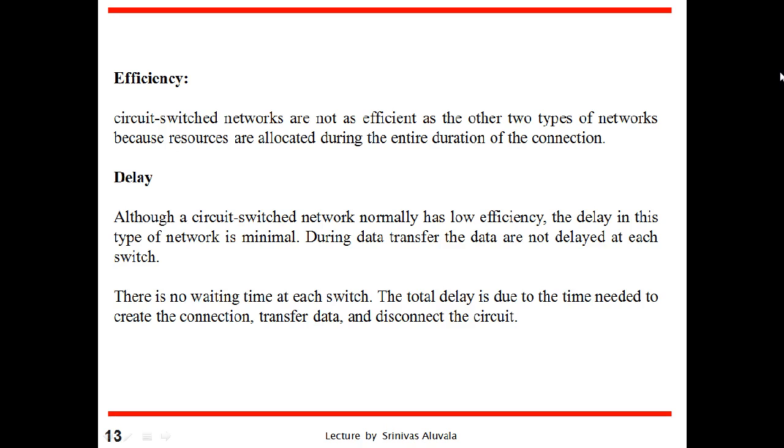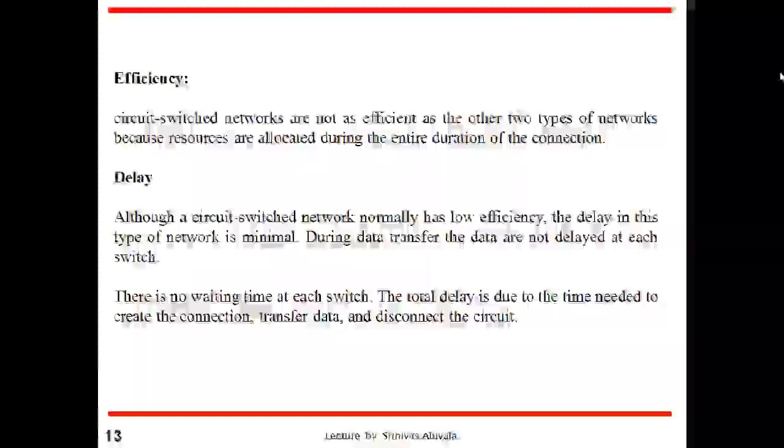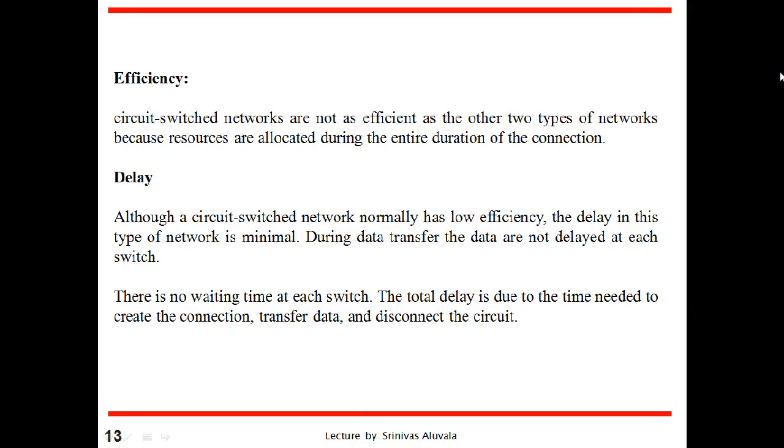Delay: although a circuit switched network normally has low efficiency, the delay in this network is minimal, because during the data transfer the data are not delayed at any switch, since the dedicated path is allocated during the setup phase. There is no waiting time at each switch. The total delay is due to the time needed to create the connection, transfer the data, and disconnect the circuit.